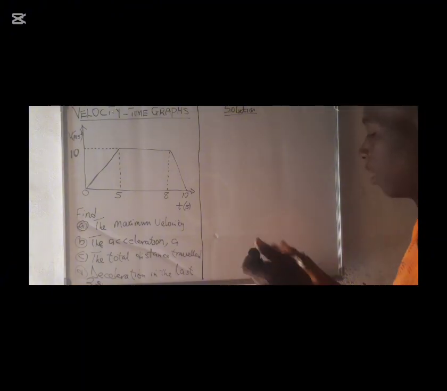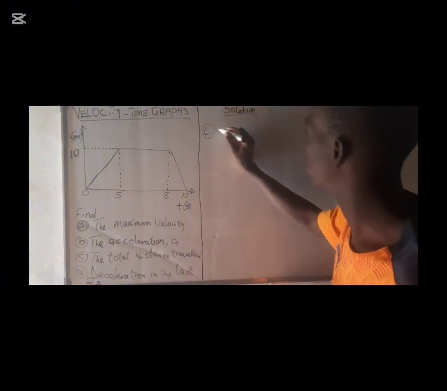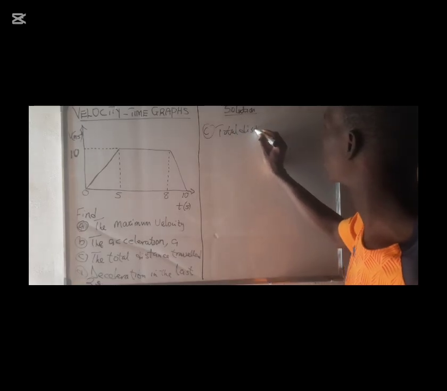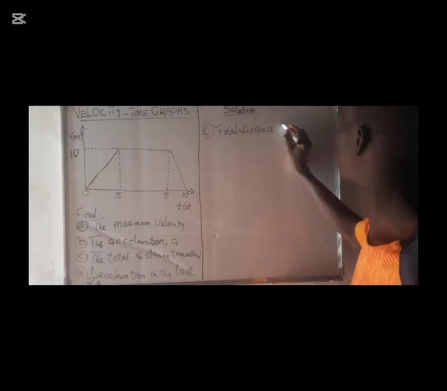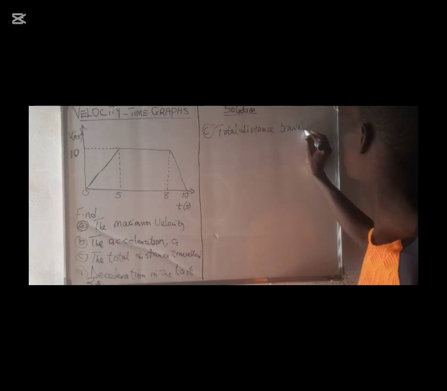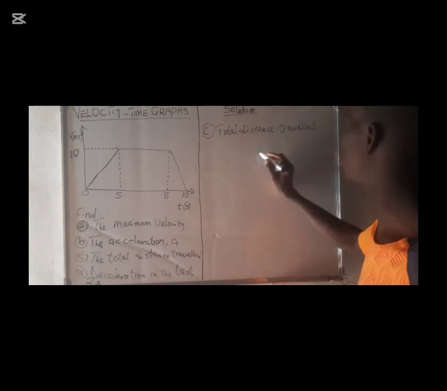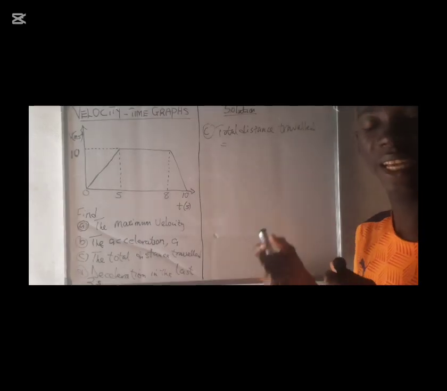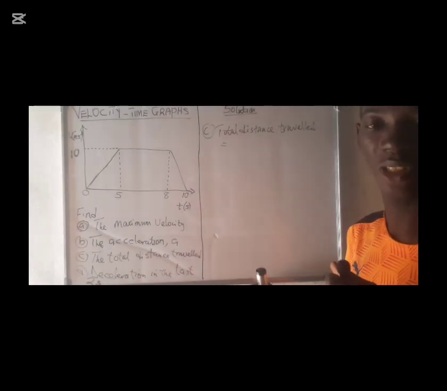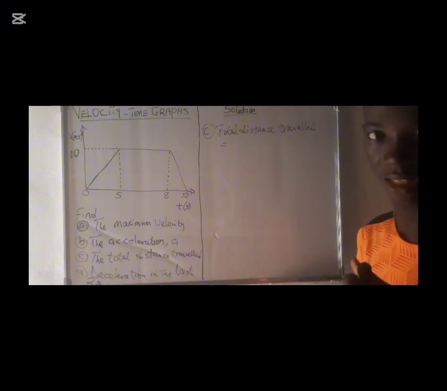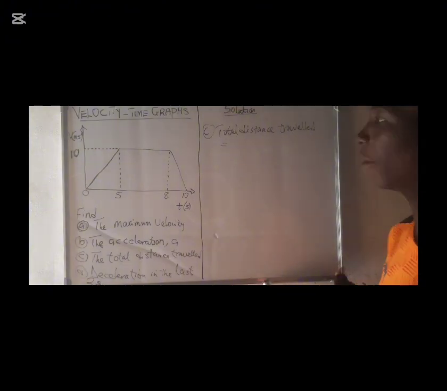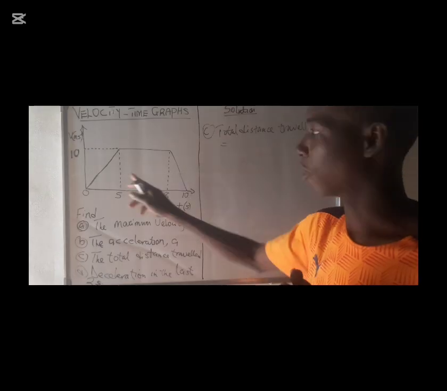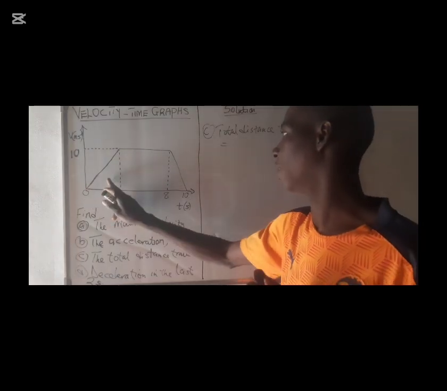To find the total distance traveled, remember that the area on a velocity time diagram represents its distance. So area on the velocity diagram represents distance. These are the figures whose areas we need.